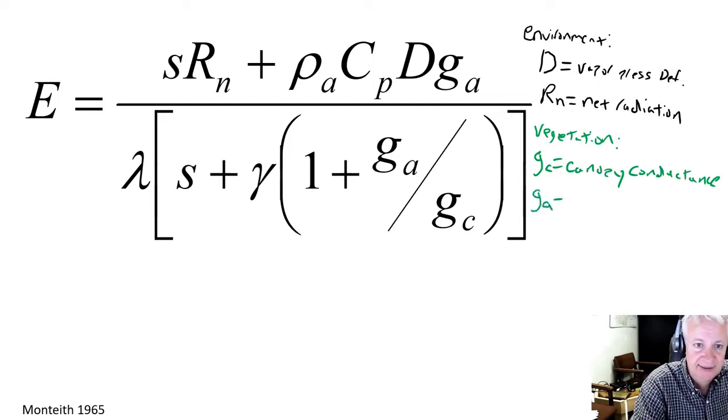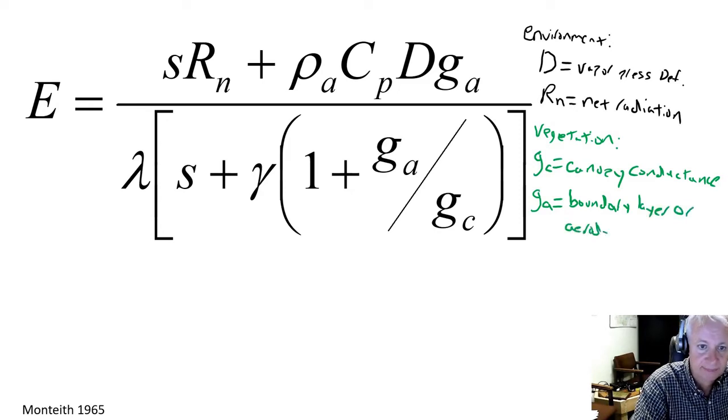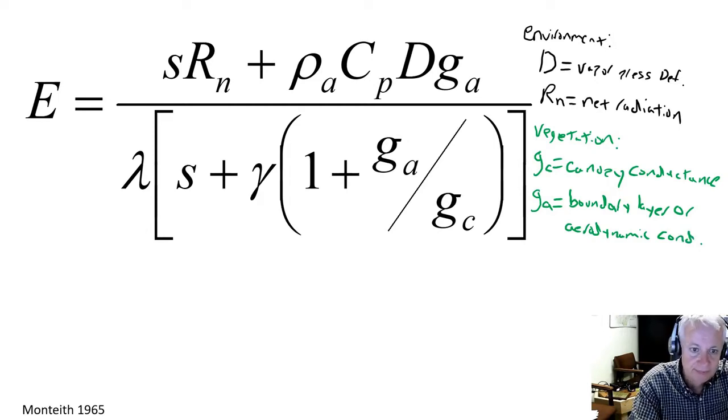And then GA, that's the boundary layer or aerodynamic conductance. So the A just means aerodynamic conductance. All the other terms are constants or weakly temperature dependent. Okay?